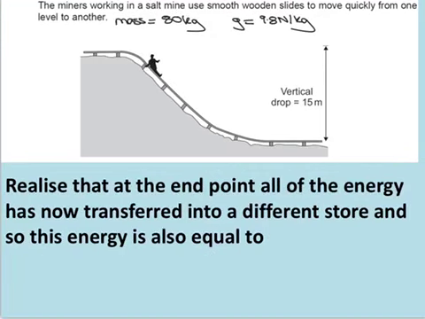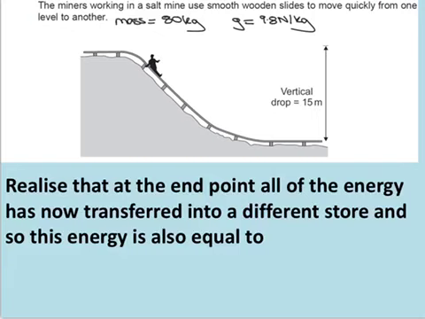The next crucial step is realizing at the end all that 11,760 joules has transferred into a different energy store, which is going to have the 11,760 joules in it. And hopefully, by thinking back to the skateboarder, you can realise that this energy store it's transferred into is kinetic energy.